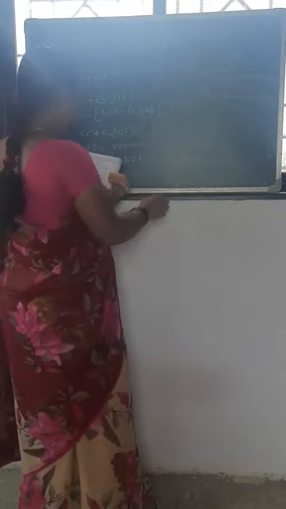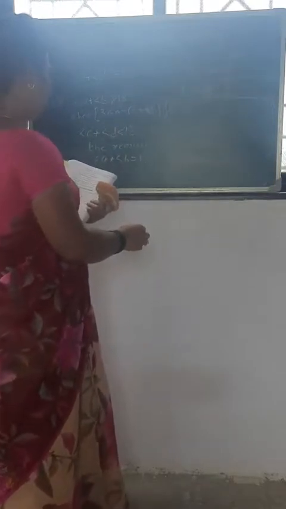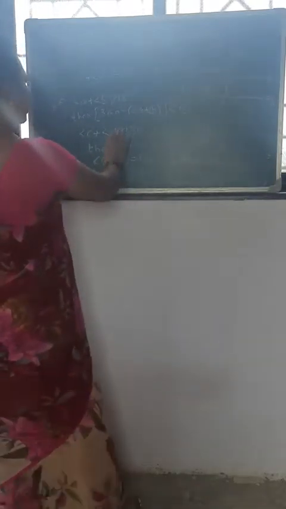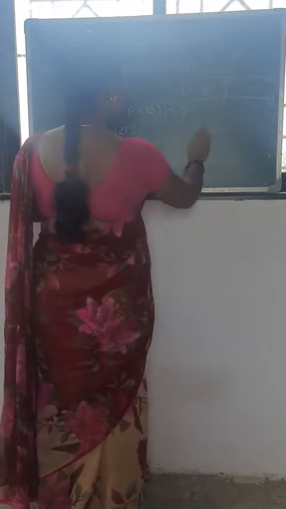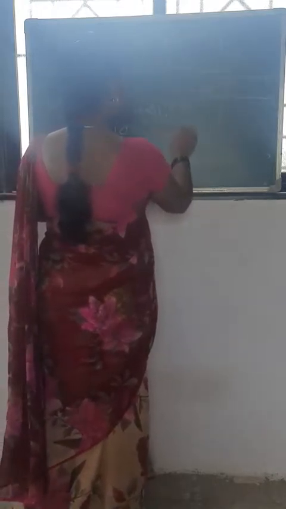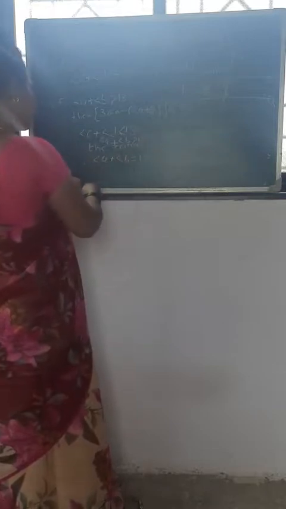From equations 1 and 2, angle A plus angle B is greater than 180 degrees is impossible.